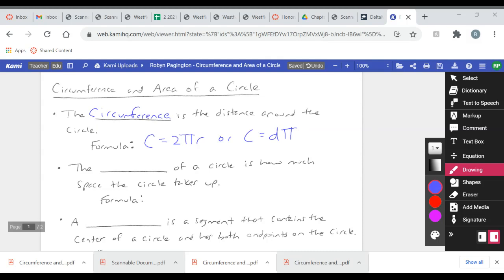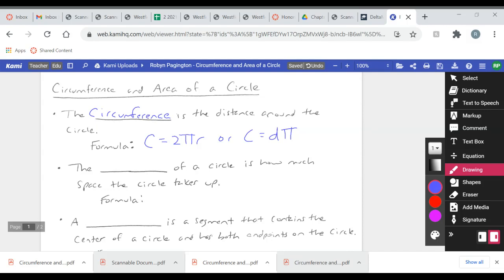Both of those mean the same thing, since we know that 2 times the radius actually gives us the diameter. And one thing to remember with circumference is the units are going to be plain units, like meters or inches. They won't be squared like you would for area.